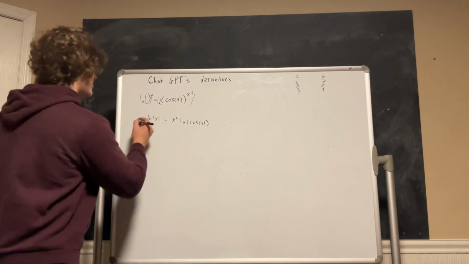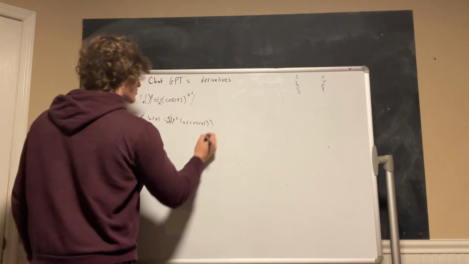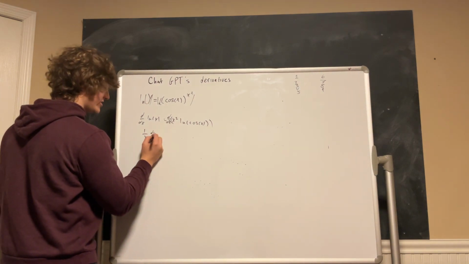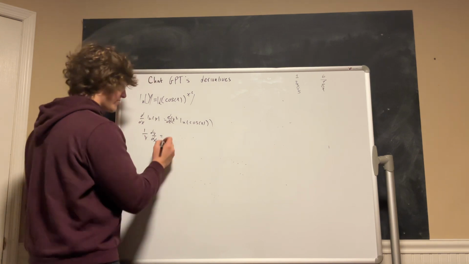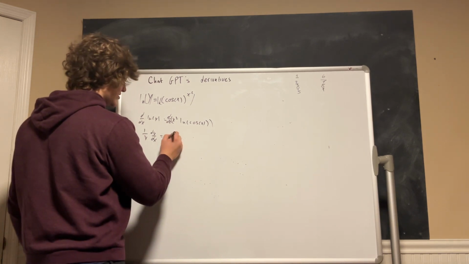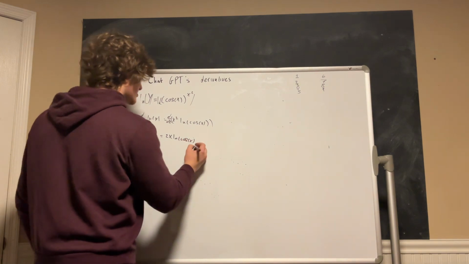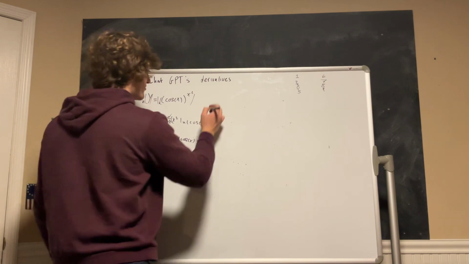Now, if we differentiate both sides with respect to x, we get that this is just 1 over y dy over dx is equal to, now we need the x squared derivative, so we have 2x times our ln of cosine of x plus now our x squared times the derivative of the ln of cosine of x.